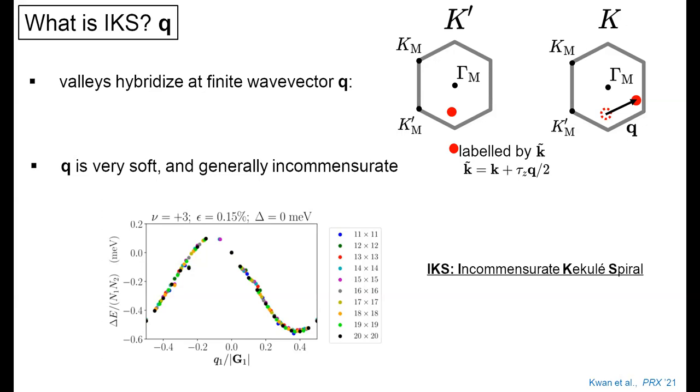If you choose that q really wrong, the energy is hurt by a lot. Not a lot, but enough. So it's a fairly soft number, and it depends on details. If you change some of the details of your model, this q will sort of flop around a little bit. There's nothing particularly special about that value of q.